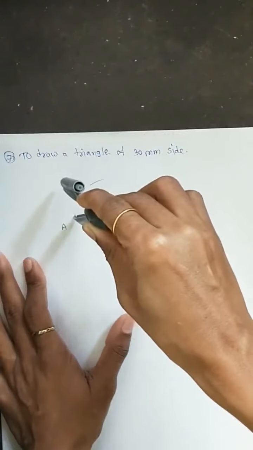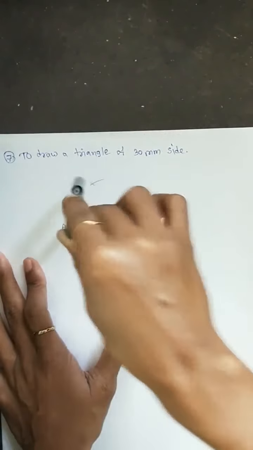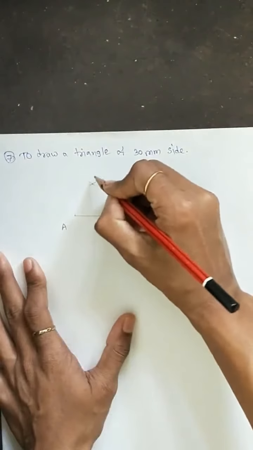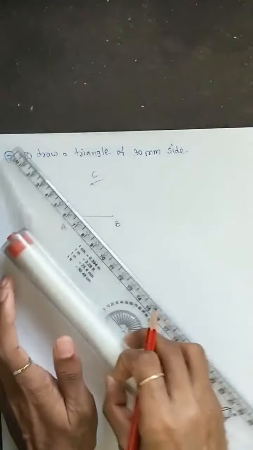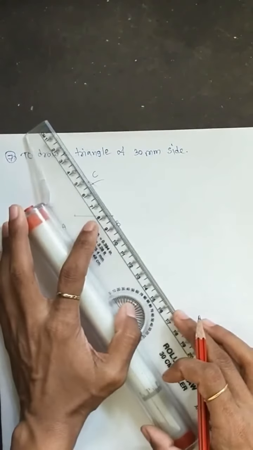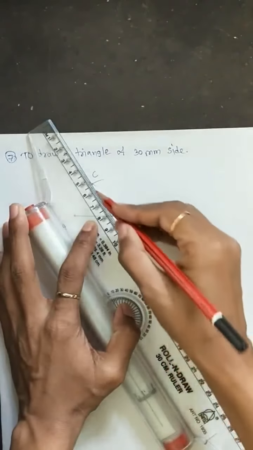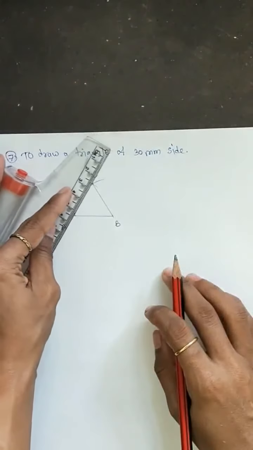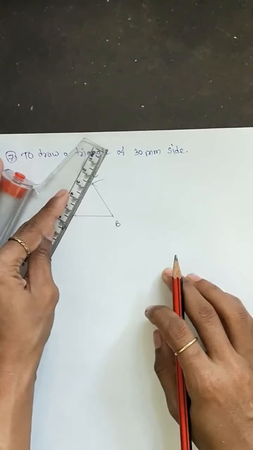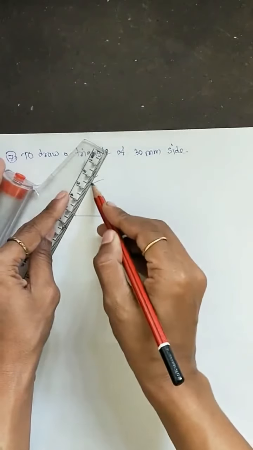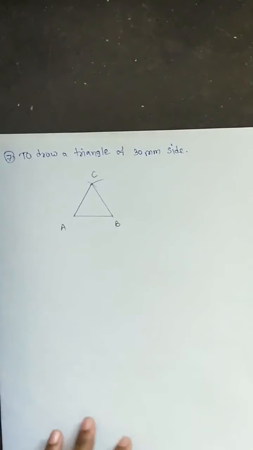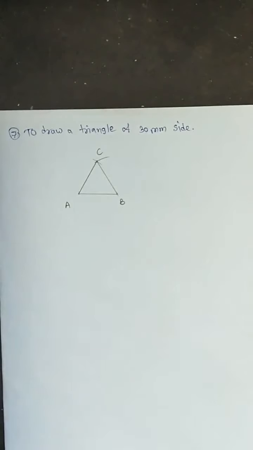Then take A center point, and we got this point. Give name to this point as C, and join CB and CA. And in this way you can draw a triangle of any side.